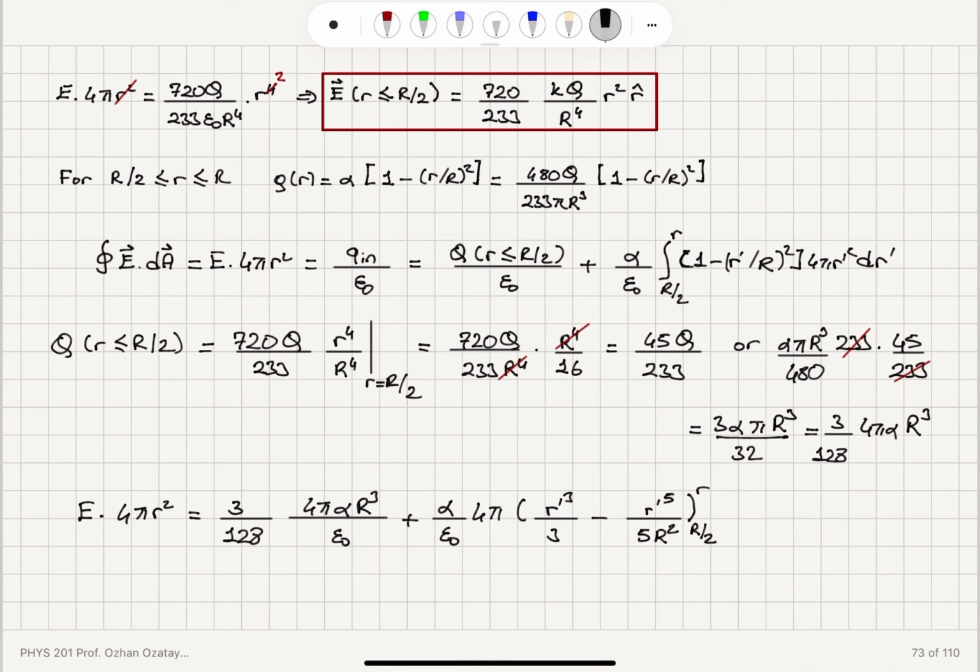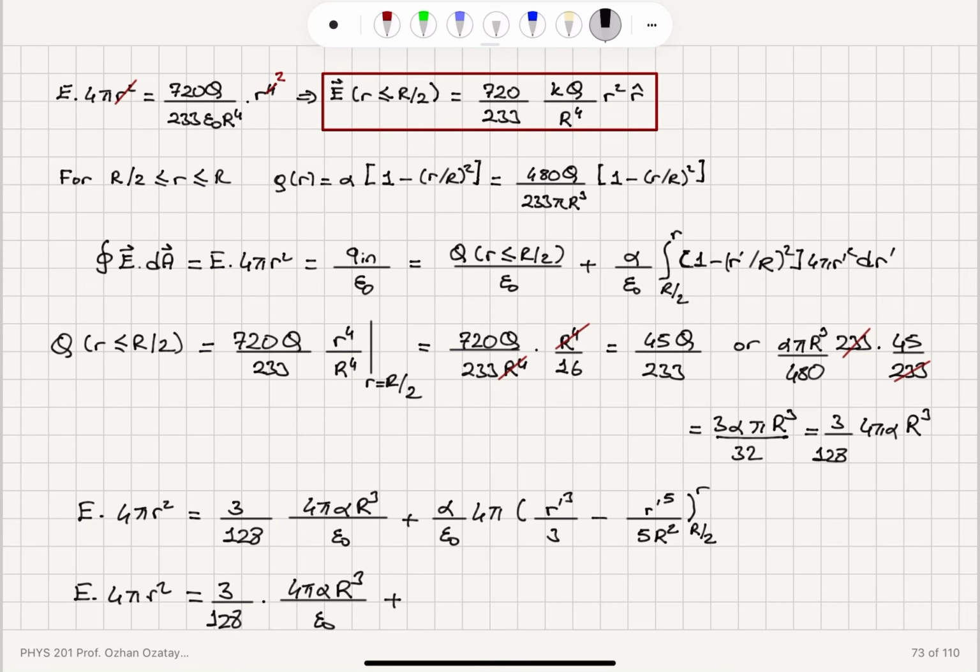So we have E times 4 pi R square is equal to 3 over 128 times 4 pi alpha capital R cube over epsilon 0. That's the charge in the region R less or equal to capital R over 2.